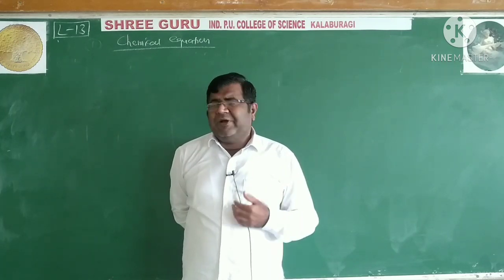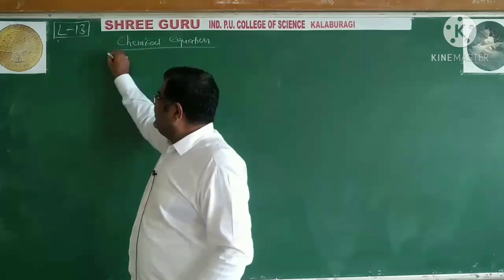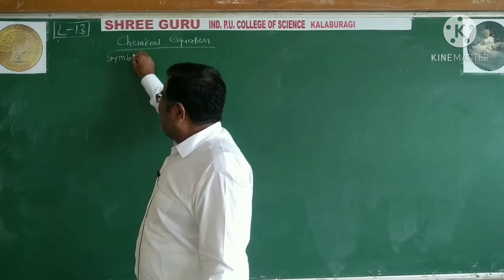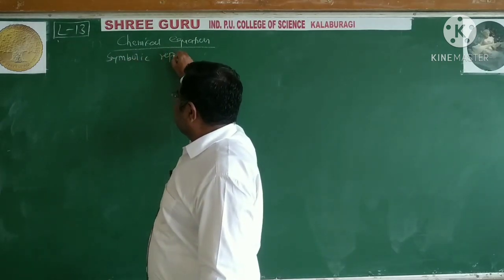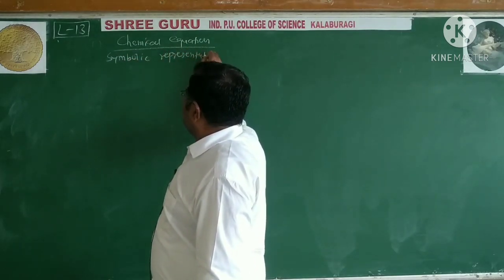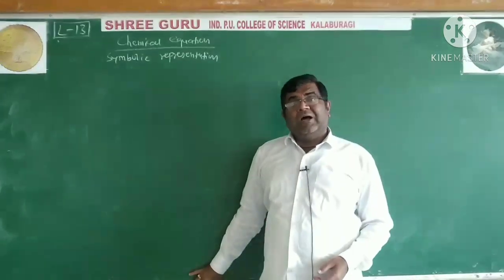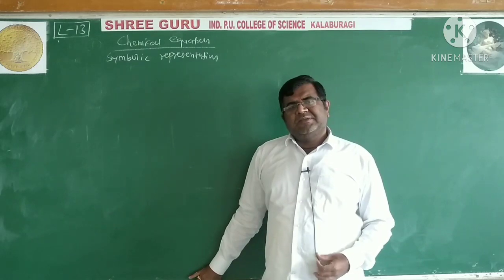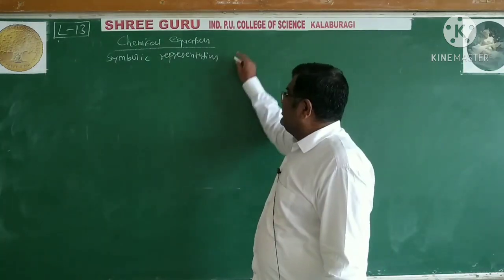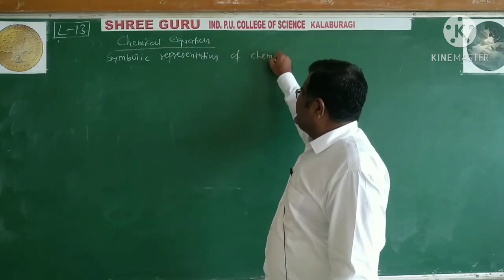So first we define chemical equation. We say that it is the symbolic representation, because we use symbols of the elements and formulas of the compounds. So it is a symbolic representation of what? Of a chemical change.